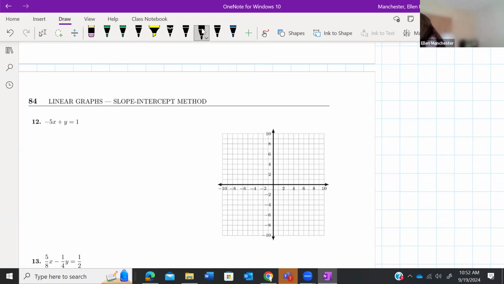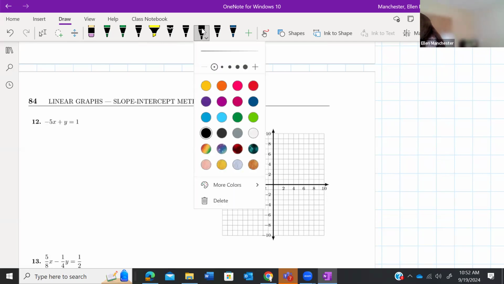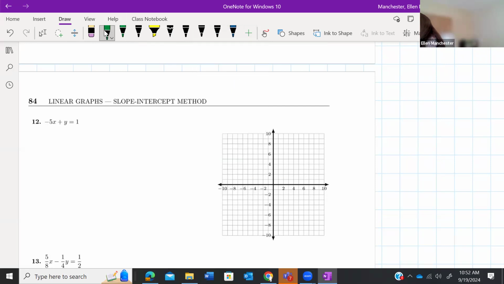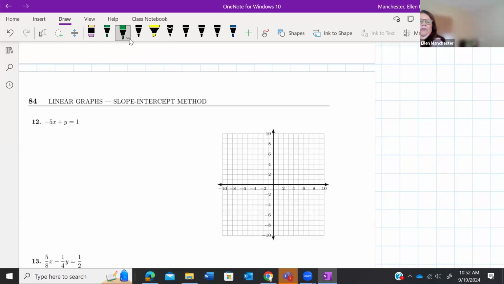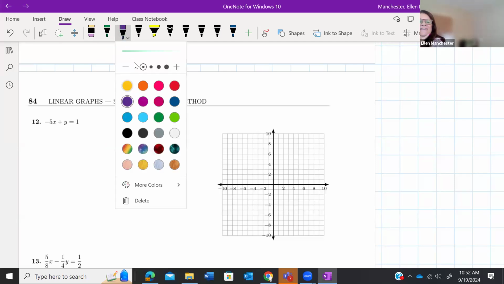Oh. So you have to put green, go to far left, next to the eraser. Oh, over here. Go down. Those are, so, but this one's green. So if I want to, oh, okay. So I can change them. See, I didn't realize these were, I thought they were of different thicknesses.